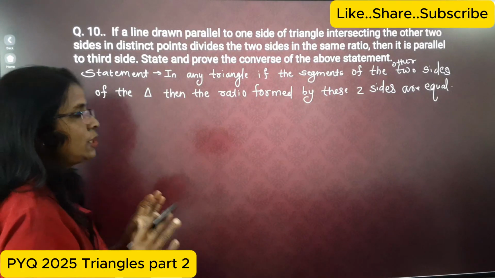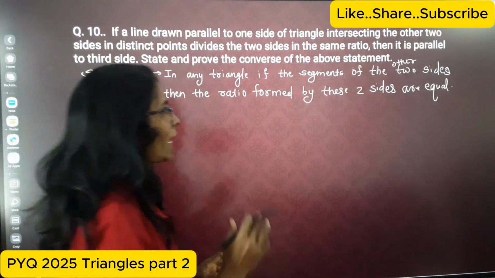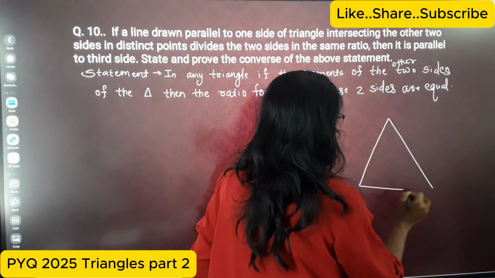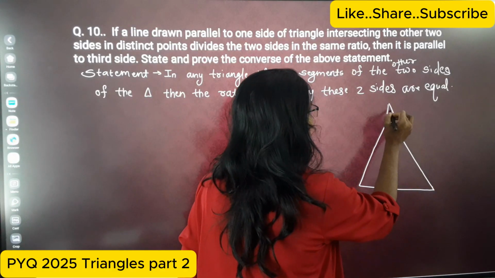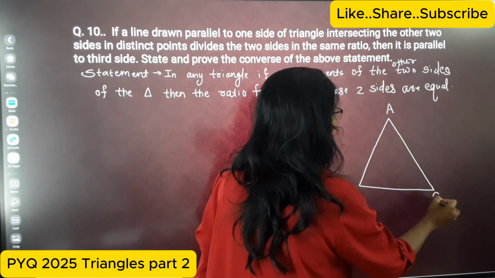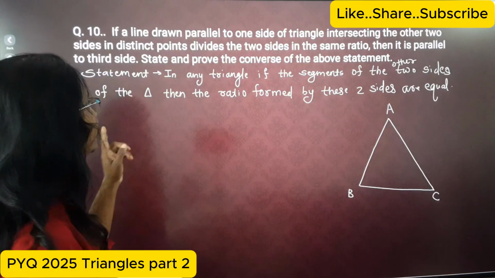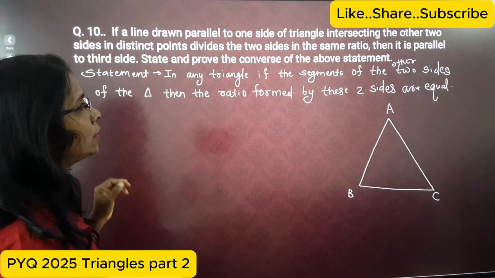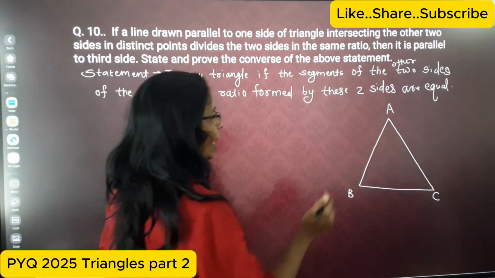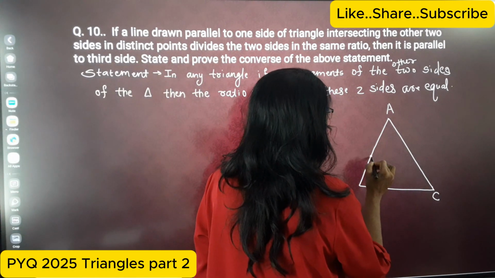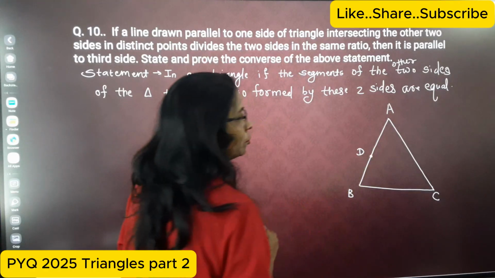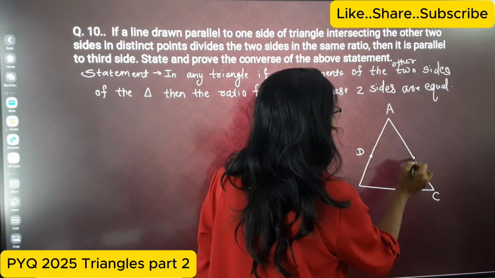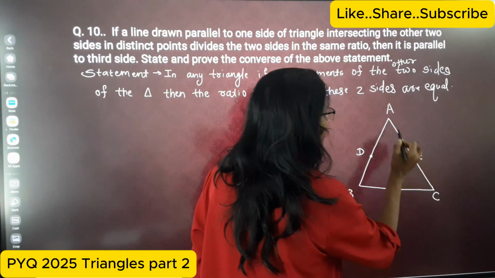Then first we draw the figure as per the given statement. So here we consider this is the triangle ABC. Suppose there is a point D on the segment AB, and a point E on the segment AC.